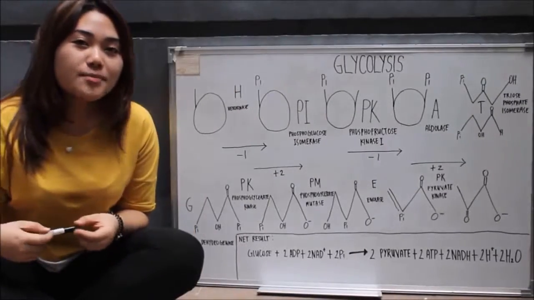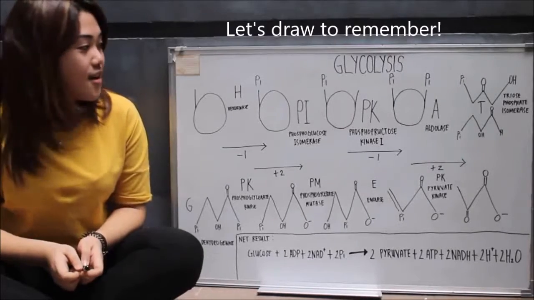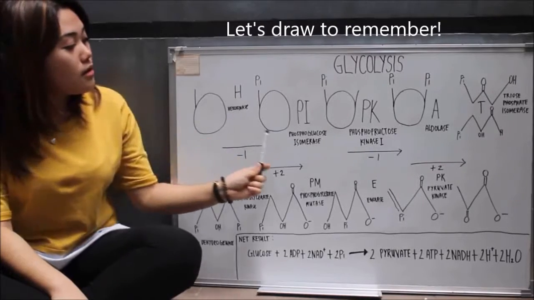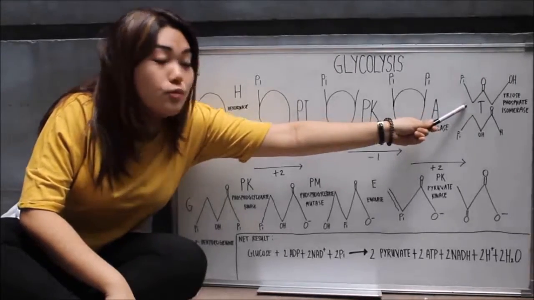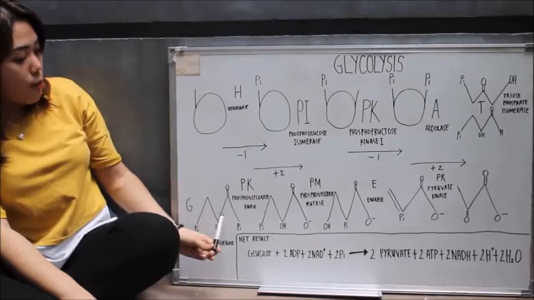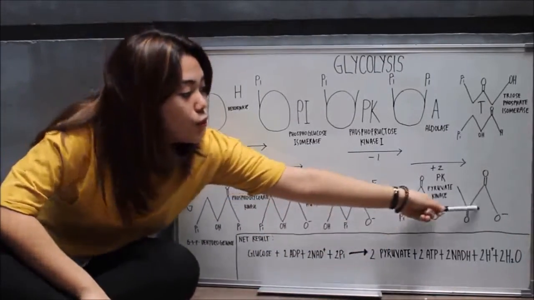So I'm going to explain glycolysis in a simpler manner that you can understand. So first, we have to draw 4 circles. 1, 2, 3, 4 circles, and then 1 W, 1 M, 3 more M's, 1, 2, 3, and 2 lightning bolts. 1, 2.